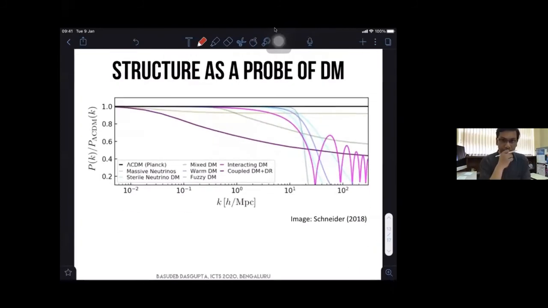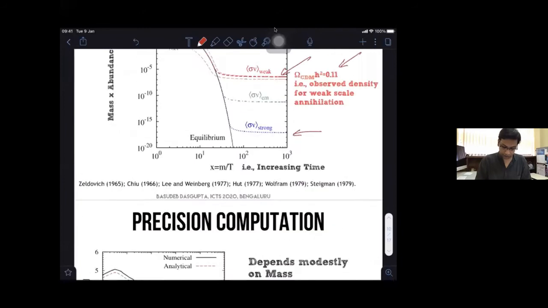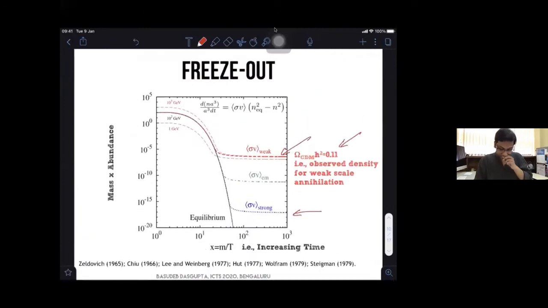There is one question from Raghu. Can you clarify if the time when gamma equals H is before or after X equals X star? Absolutely. Gamma equal to H is roughly the point after which abundance does not change at all.